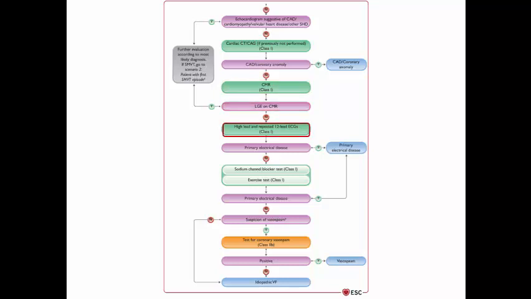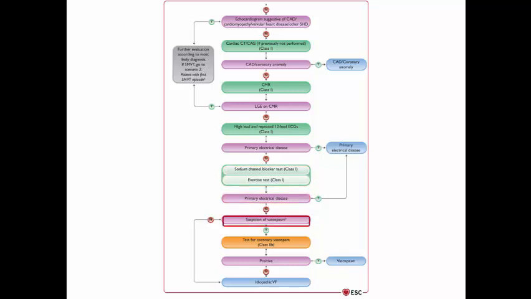Don't forget that this patient needs repeated 12-lead ECGs during the hospital stay, including high-lead ECG for V1 and V2 to diagnose Brugada syndrome. If any primary electrical disease is diagnosed, we need a specific treatment for it. If there is no evidence of primary electrical disease, but there is a suspicion of a specific one, you can go for provocative testing like the sodium channel blocker test or exercise test.